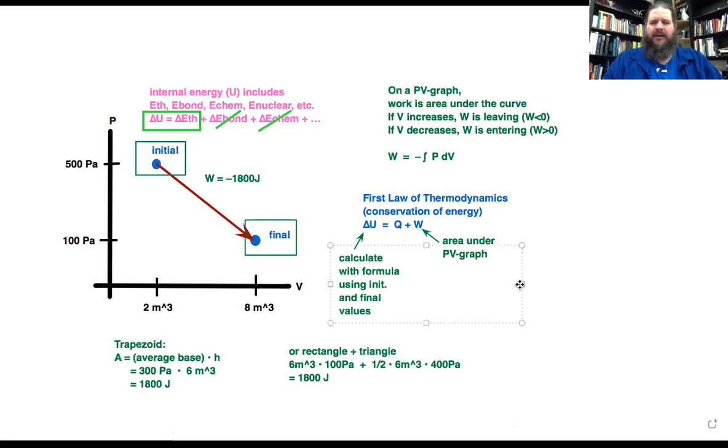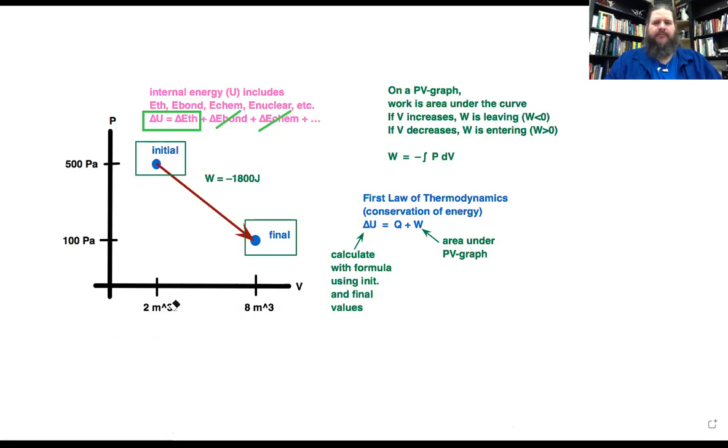and since we're talking about E thermal, what formula do we already have for delta E thermal that might be useful here? Do we have any formulas for delta E thermal that we could use?